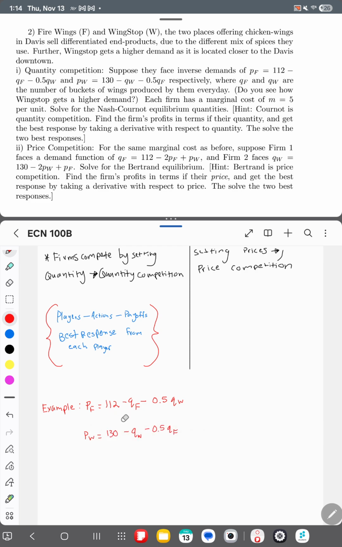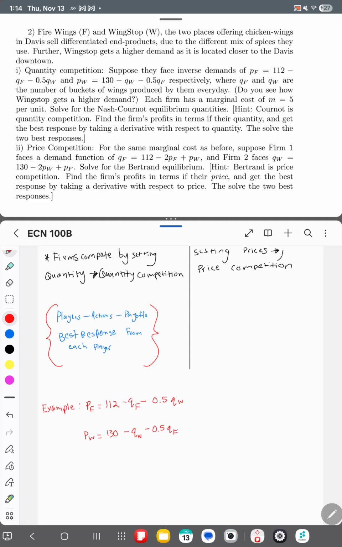QW, the other guy's quantity. So what it means is, if the other guy raises their quantity, it's also going to lower your prices. Because some people are going to buy it from them, right? You can't have that high prices anymore in the market. The supply has gone up. The supply is determined by both you and the other guy. The other guy can increase their supply, that's going to affect your prices. And similarly for the other guy.